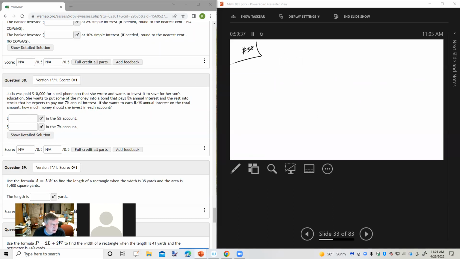Julie went from being a she to a he. Oh well, whatever. Or maybe this is for her son. Okay. If she wants to earn 6.6% annual interest on the total amount, how much money should she invest in each account? All right.